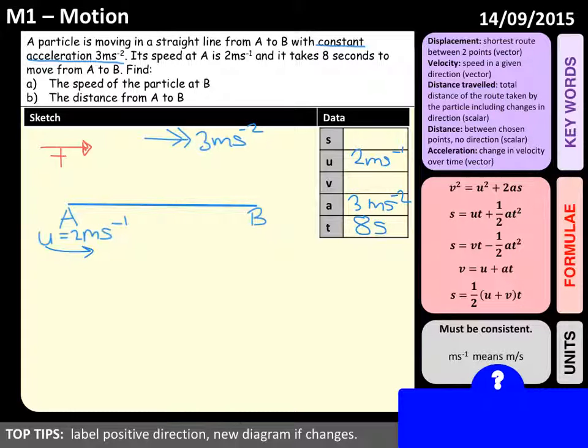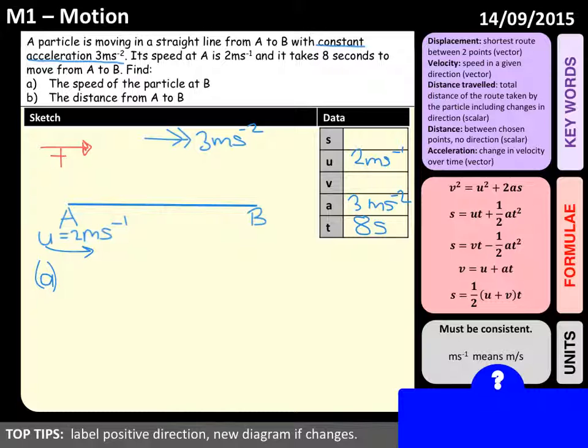Right, so now we're ready to start doing our calculations. So in part A, we're asked to find the speed of the particle at B. So that's going to be us looking for the final velocity. Now so far, we know U, A and T. So we have to have an equation that has U, A and T, and as we're asked to find the speed, we're also going to have V in it.